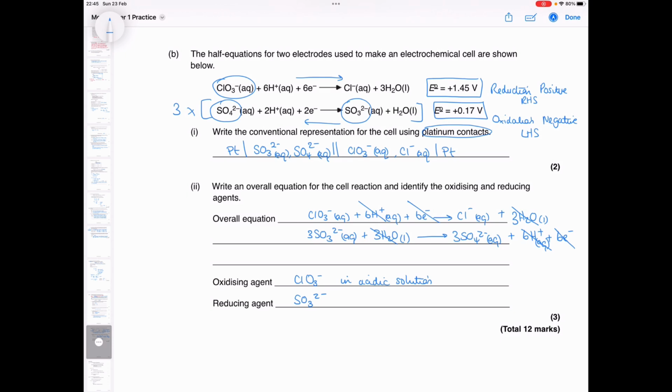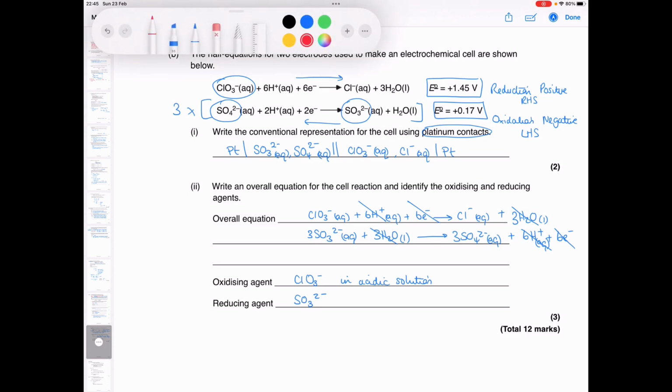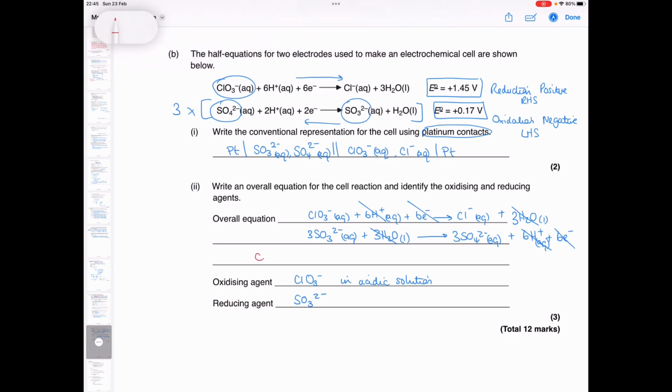So we can write the overall equation underneath, which I'm going to write in red to make it stand out, which is going to be ClO3- aqueous plus 3SO3 2- aqueous goes to Cl- aqueous plus 3SO4 2- aqueous, and that's our overall equation.